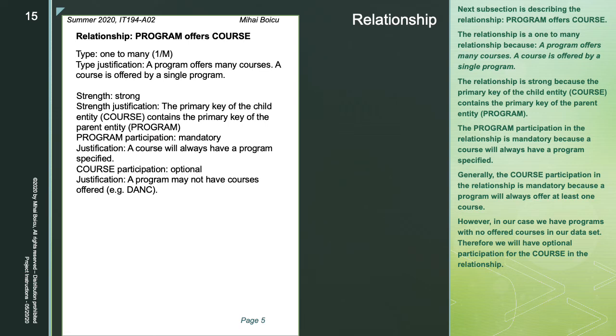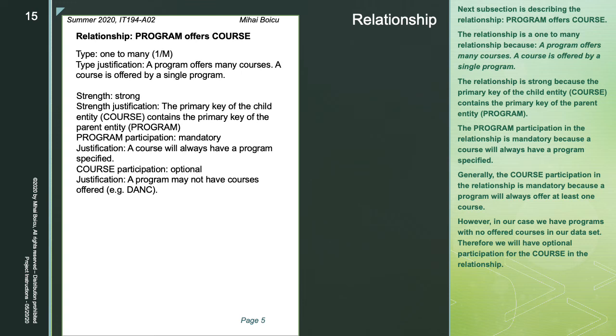Next subsection is describing the relationship program offers course. The relationship is a one-to-many relationship because a program offers many courses. A course is offered by a single program. The relationship is strong because the primary key of the child entity course contains the primary key of the parent entity program.